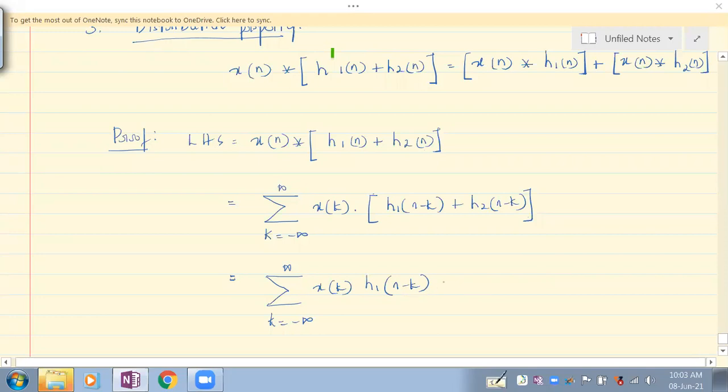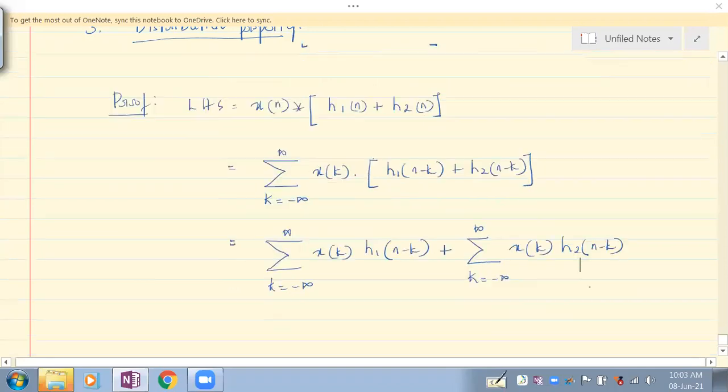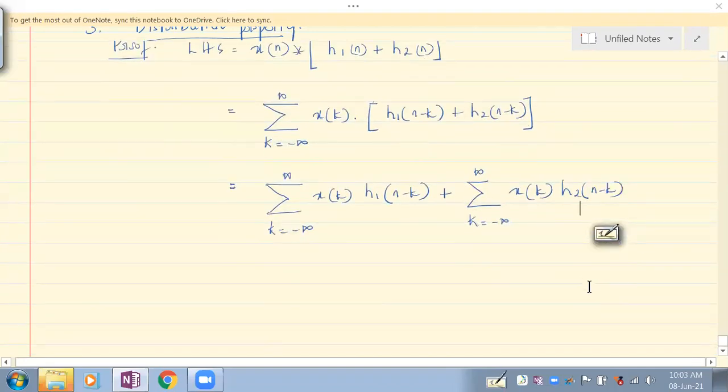Right? Plus, you can again take that summation with the second term, that is h2 of n minus k, and it looks like x of k into h2 of n minus k within the summation. Fine. So what is the first summation telling you now? It says it is convolution of x of n and h1 of n.